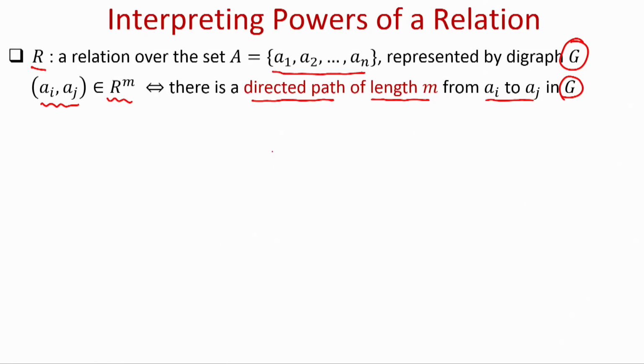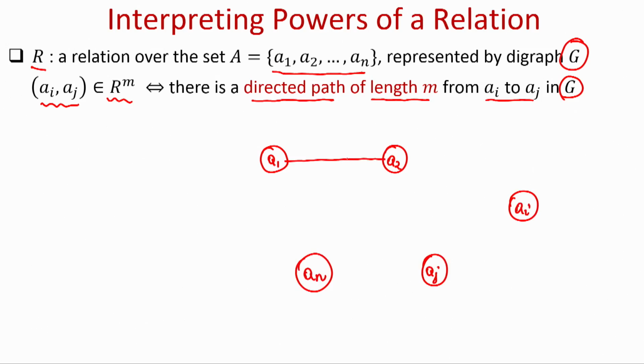So, remember G is a graph where you have vertices A1, A2, AI, AJ, AN and you have directed edges. So, if there is a direct edge between two nodes from one node to another, say from A1 to A2, then this will be considered as a directed path of length 1.